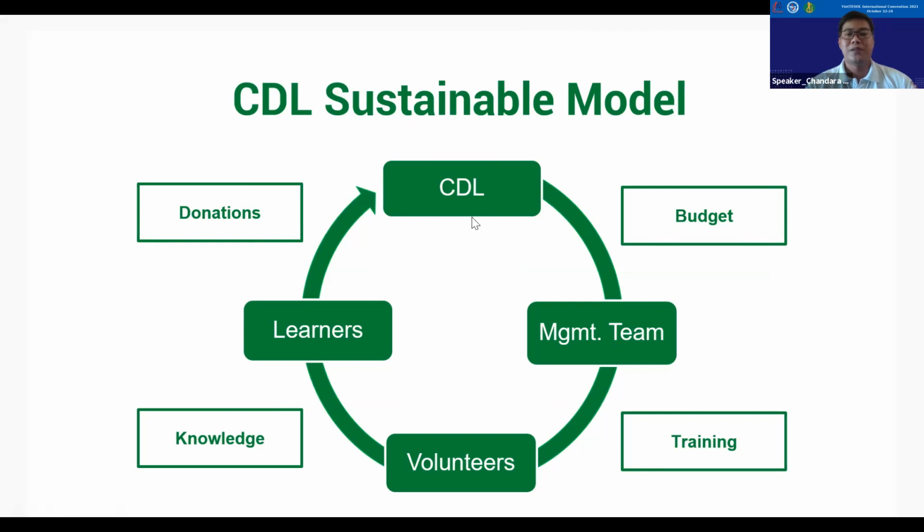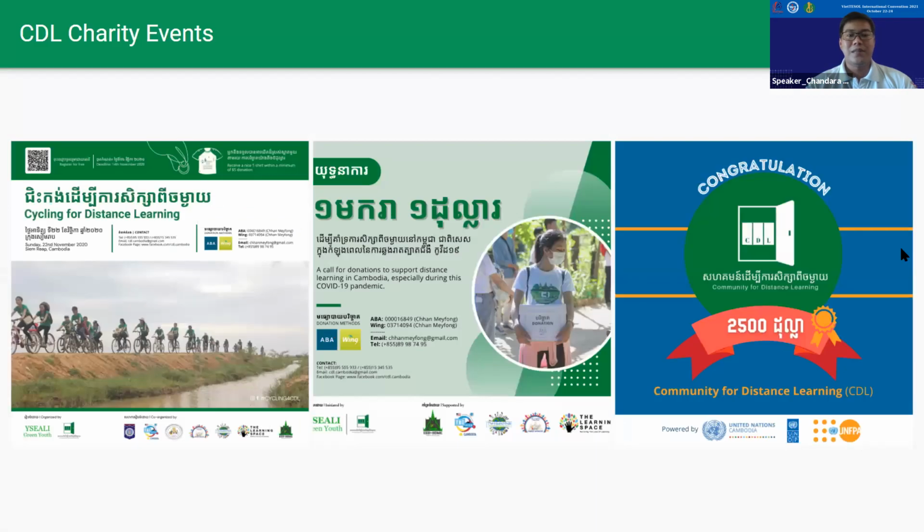So today I'm going to share with you some ideas, especially the charity events that we are running to support CDL. So here you are. These are some of the ideas that we are working on to find funds to support CDL.